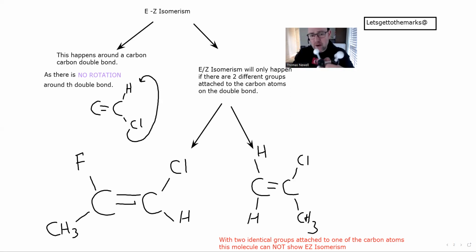As soon as I go and place a double bond in there, like so, I get no rotation. So for E-Z isomerism, no rotation around the double bond.